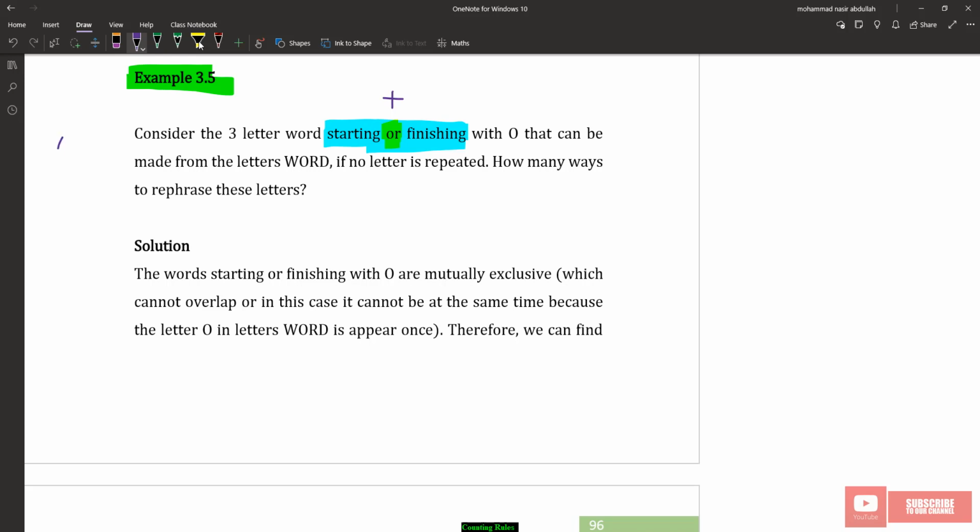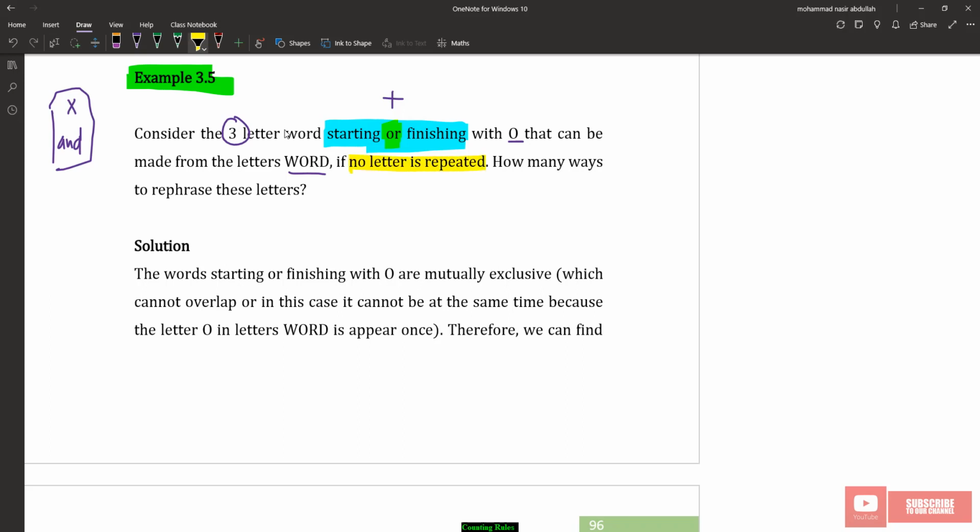If you have the word and, you will use multiplication. This is based on logic. So now, it says consider 3-letter words starting or finishing with O that can be made from the letters W-O-R-D. The condition here is no letter is repeated.